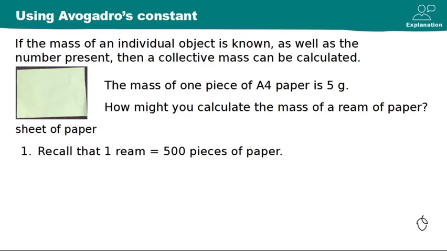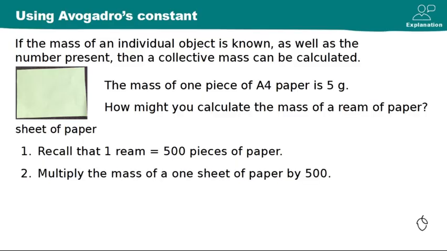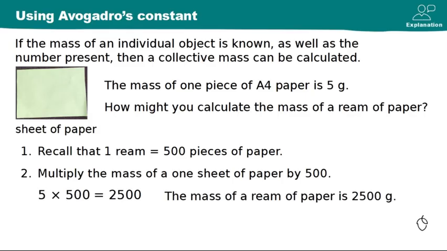Well, we know that a ream of paper is 500 pieces of paper. So if we multiply the mass of one paper, which is 5 grams, by the total number of papers, which is 500, we get the collective mass of 2,500 grams.